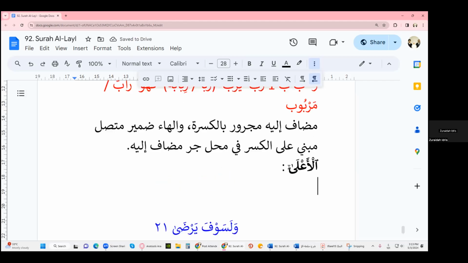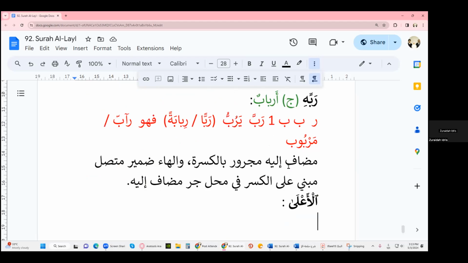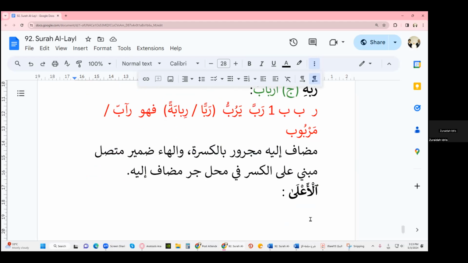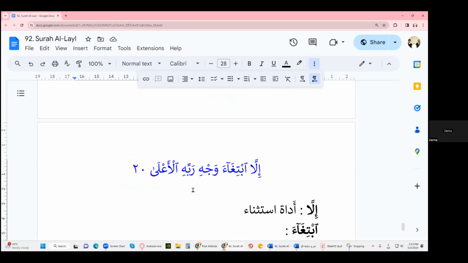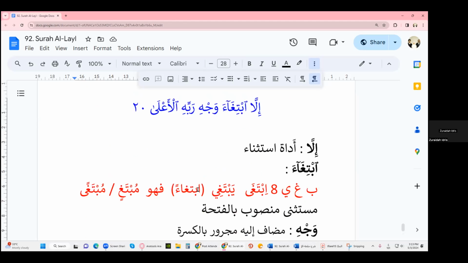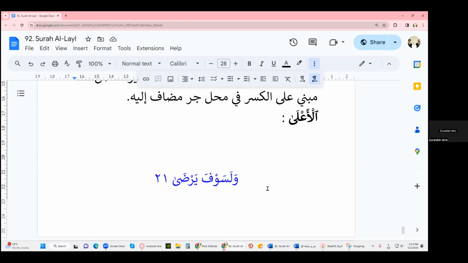So Al-A'la. Sister Zarina, what is Al-A'la here? Rabbihil A'la. They're describing the Lord, so it's a sifa. And because it's a sifa, it will also be majrur, in terms of status. But what's the sign?